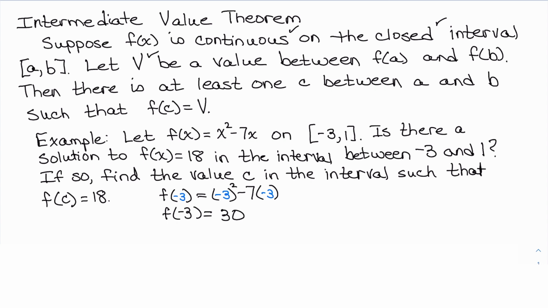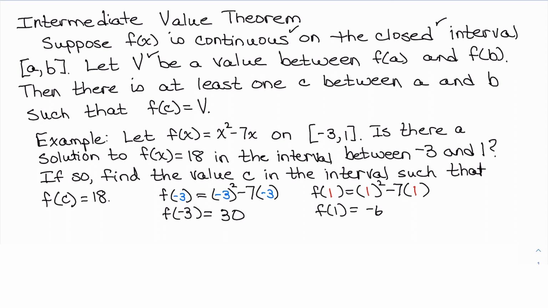Now we want to calculate f of 1. Again, f of something is equal to the something squared minus 7 times something. We take out the x's and put in our value of 1. So f of 1 is equal to 1 squared minus 7 times 1, and we get that f of 1 is 1 minus 7, which is -6.